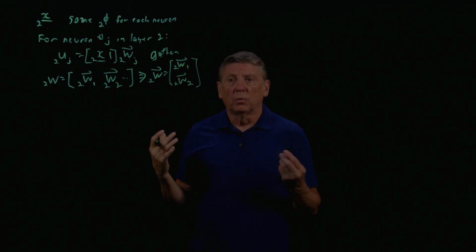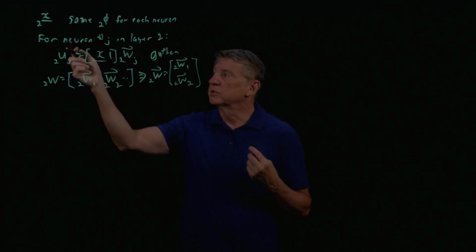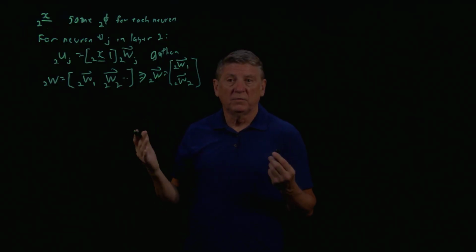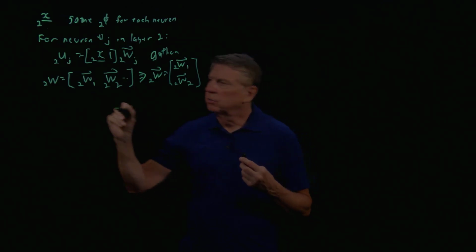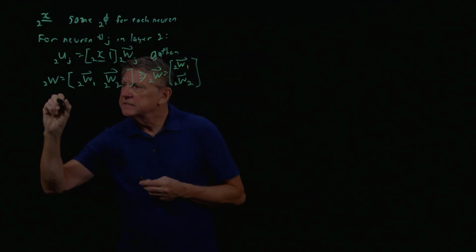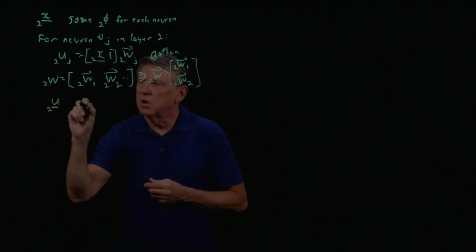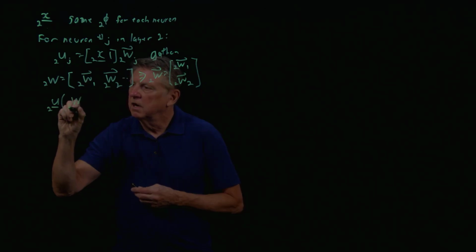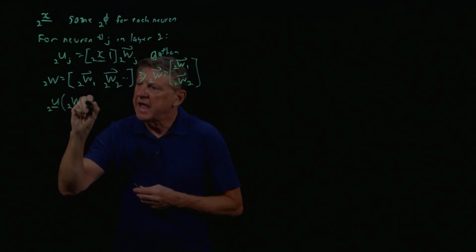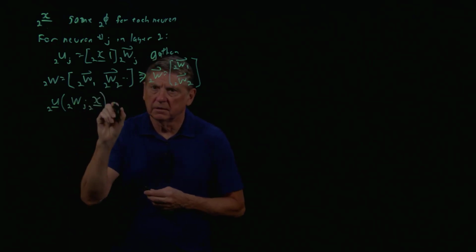So now what we can do is we can gather all the linear responses into a 1-form, and we can also think of it as a vector. So that will be the 1-form for layer 2, which is a function of the weight matrix and takes into account the observation.